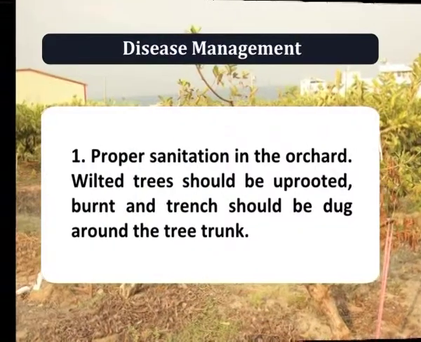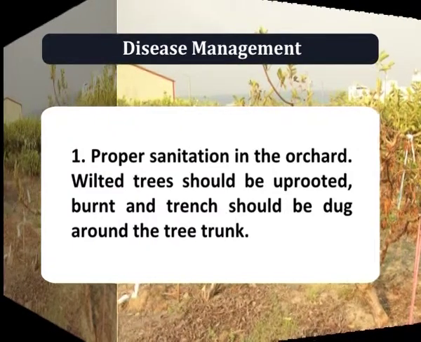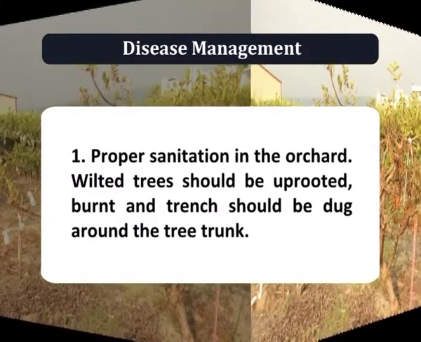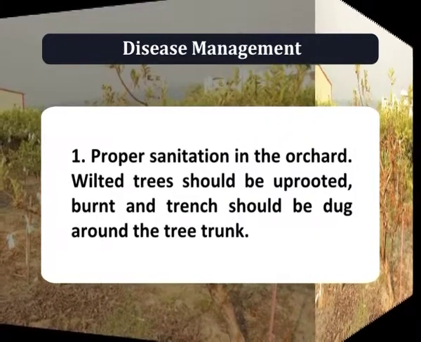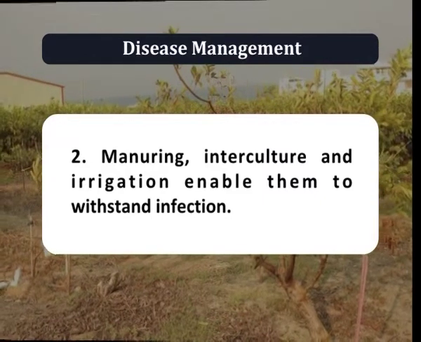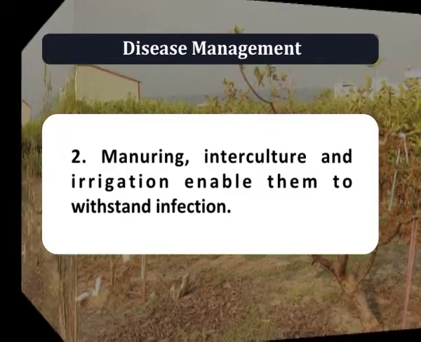Now let's see the management of the disease. Proper sanitation in the orchard. Wilted trees should be uprooted and burned, and trenches should be dug around the tree trunk. Manuring, interculture and irrigation enable the trees to withstand infection.